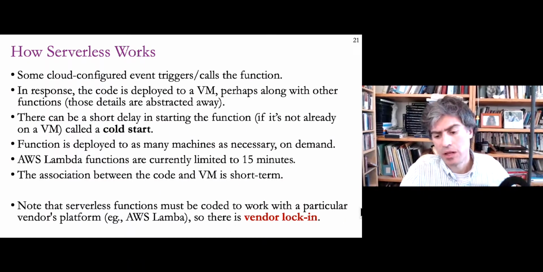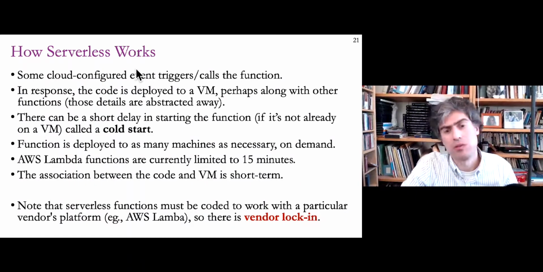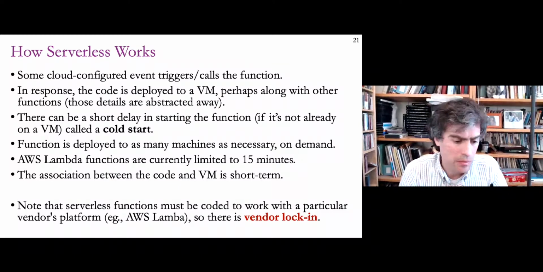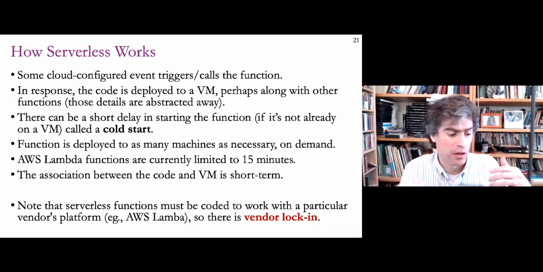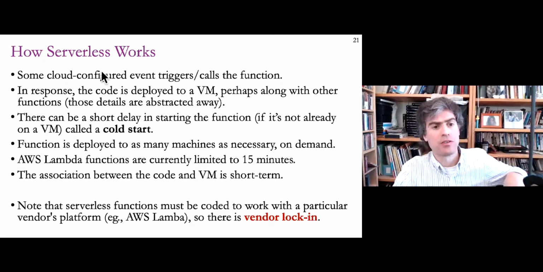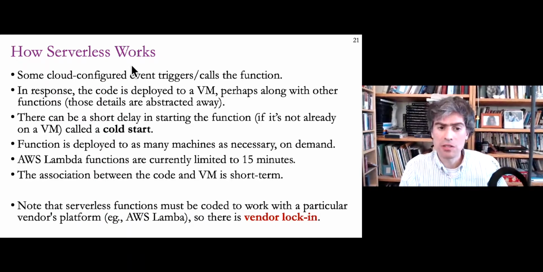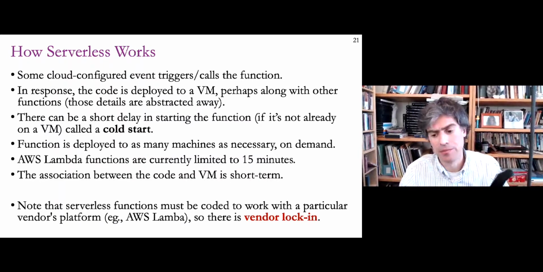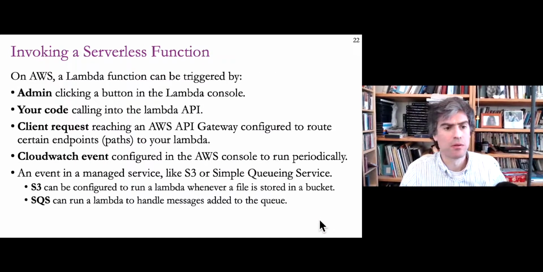So there's more vendor lock-in when you're using serverless functions than there is when you use containers or virtual machines, because containers and virtual machines are technologies that will work on any cloud or even on your own infrastructure if you want. Serverless functions are kind of tied to specific runtime systems that are different for each cloud provider. That's one of the downsides.